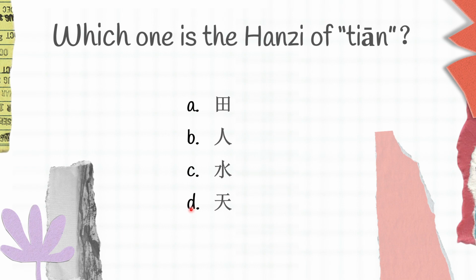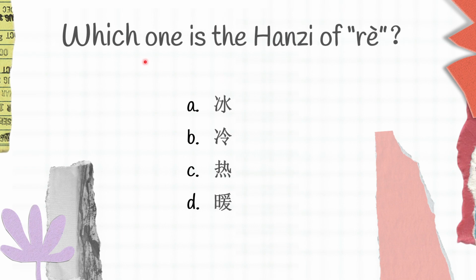The right answer for this question is D. Do you guys get the correct answer for this question? It's actually a little bit tricky here between A and D because they both sound Tian and Tian. Moving on to the next question.